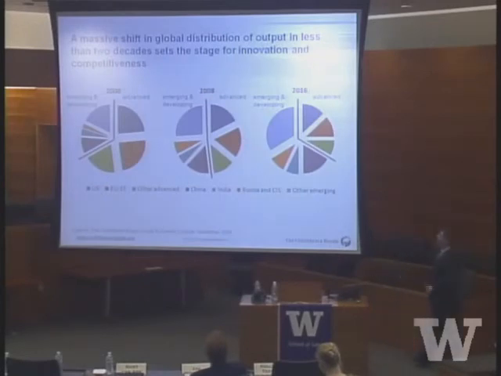And that is exactly what you see in this chart. You see here the world divided up into different segments. And you can see how in 2000, the three blocks on the right-hand side, the US, the most advanced European Union countries, and other advanced economies, were making up about 2/3 of global output. And the emerging and developing economies, the rest of the world, 1/3 of global output. In 2008, this was about 50-50.